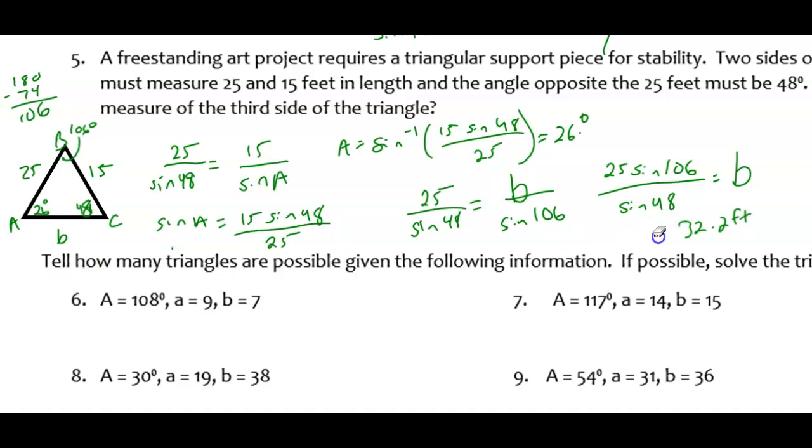All right, so B equals 32.2 feet. So there's our third side.